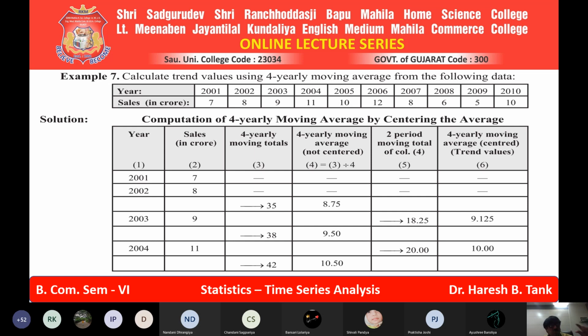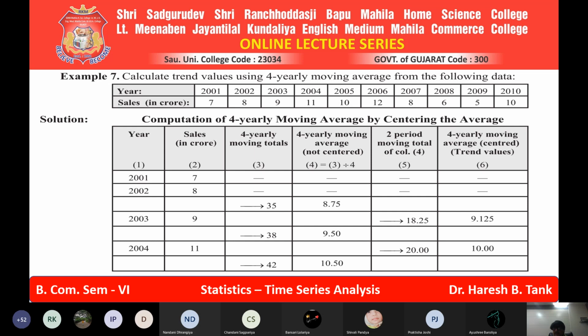Since it was a sum of 2 elements, it should be divided by 2, and that is how this 9.125 comes. Similarly, 9.50 plus 10.50 gives us 20. 20 divided by 2 becomes 10, and similarly, all other values are to be calculated.